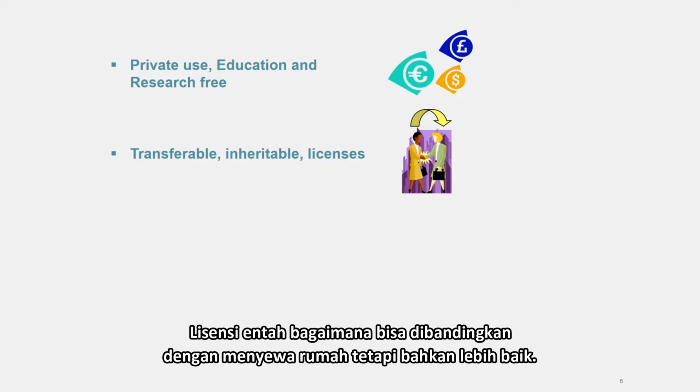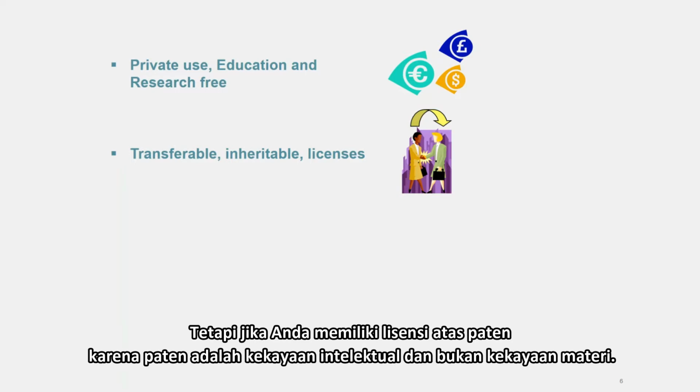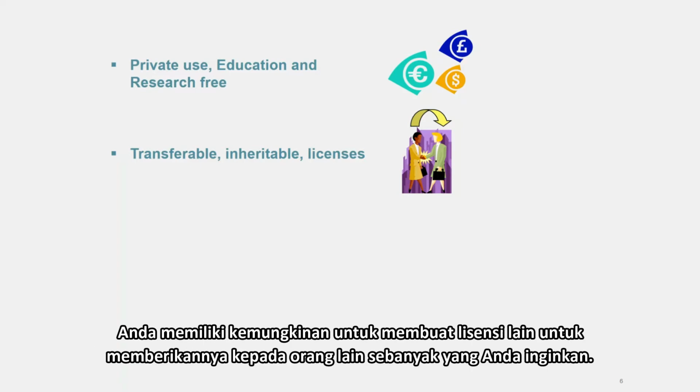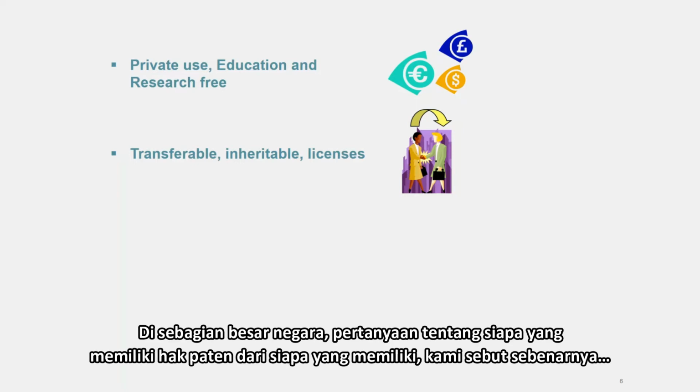A license is somehow comparable to renting a house, but it is even a bit better because normally if you rent a house, you cannot re-rent the same house to another person. It's just rented once. But if you have a license on a patent, because a patent is an intellectual property and not a material property, you have the possibility to make other licenses to give it to other persons as much as you want. So licensing is also a way to earn money from your intellectual property right.